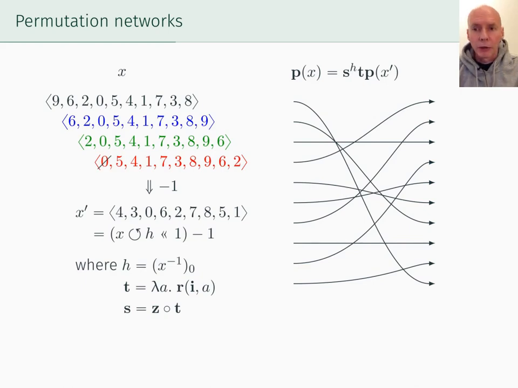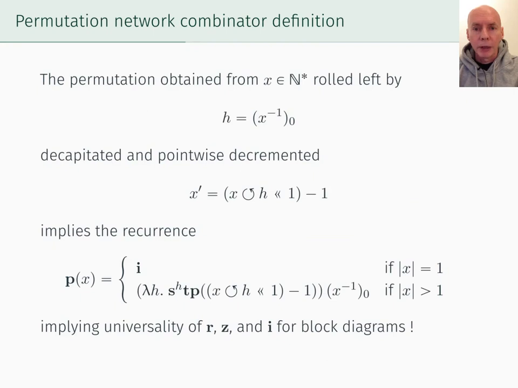This observation suggests that P could be defined as a recurrence, where the base case is a permutation network of just one wire, and the inductive case amounts to taking the argument X, rolling it until it starts with 0, finding the permutation network recursively for the rest of it, putting a wire in parallel with that result, and then rolling it back where it started.